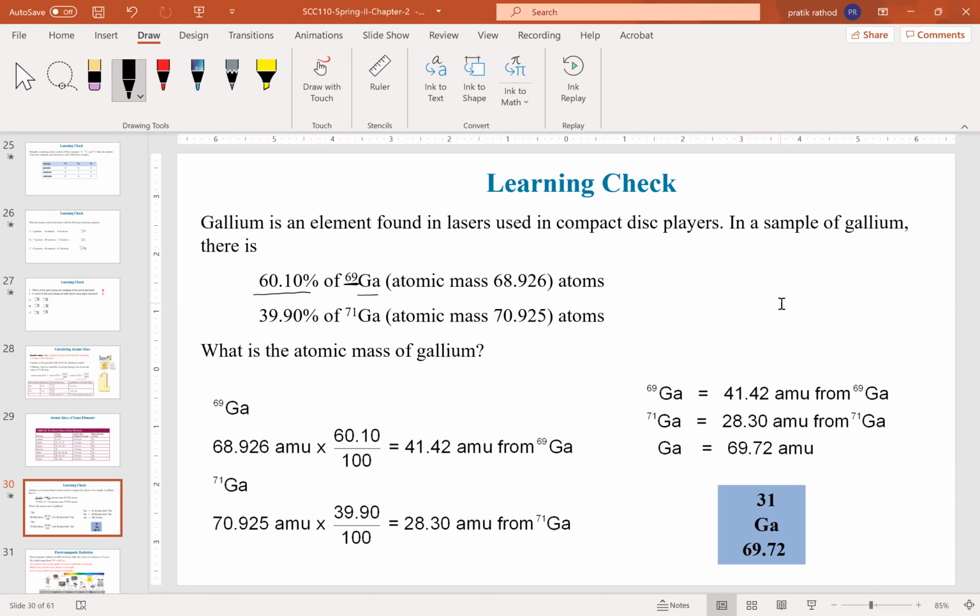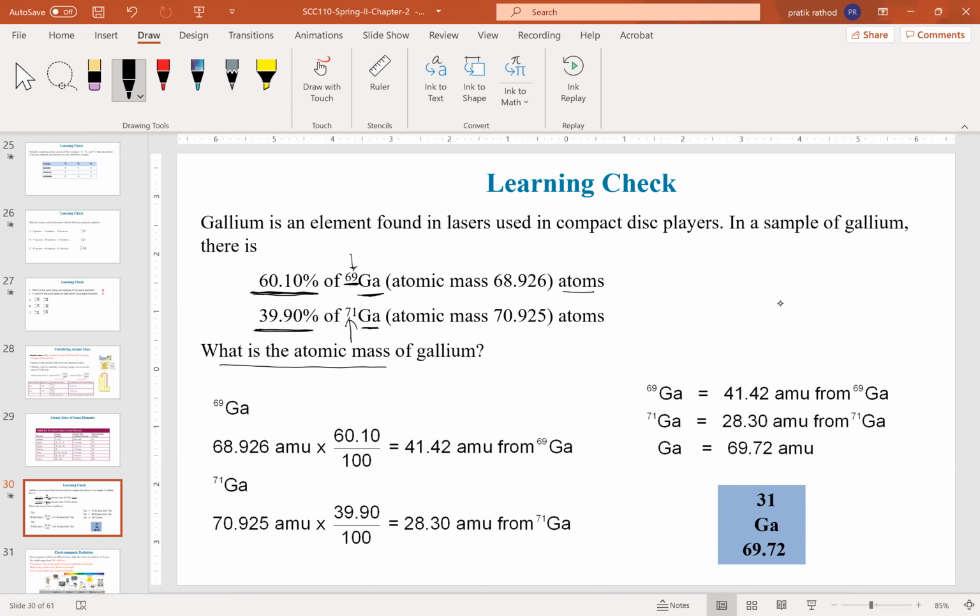Mass number or atomic mass, the mass of an atom. So 69 Ga atoms: 60.10% of gallium will have the mass number of 69, while 39.90% of gallium will have the mass number of 71, right?